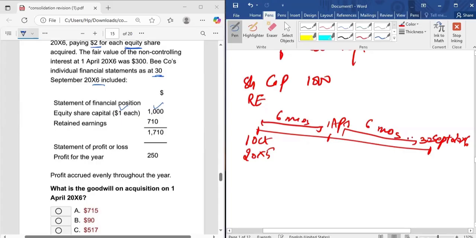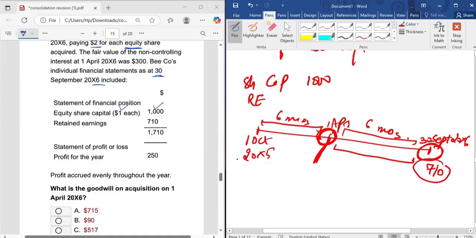Right. So the profit for the entire year was 250,000 and the retained earnings at this date were 710,000. We always calculate goodwill at the date of acquisition, and my date of acquisition is 1st April. So I will take the profit figure for the post-acquisition months and subtract it from 710,000, to arrive at the retained earnings on 1st April.